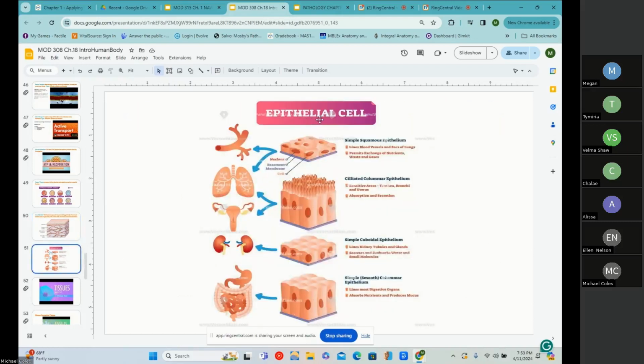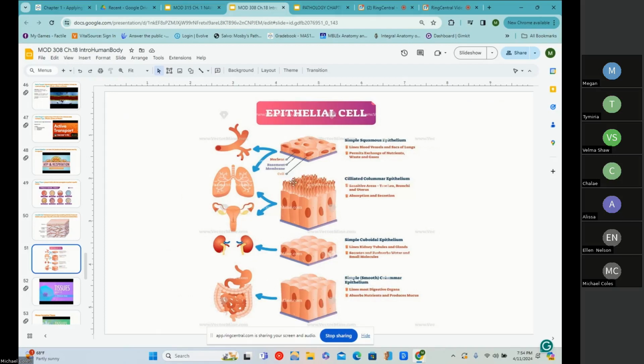So our epithelial tissue or our skin tissue, depending on the shape of it and how many layers there are, it's going to make up different parts of our body. Our arteries, our lungs, our genitals, or our reproductive system, if you will, and then our kidneys and things and digestive system.